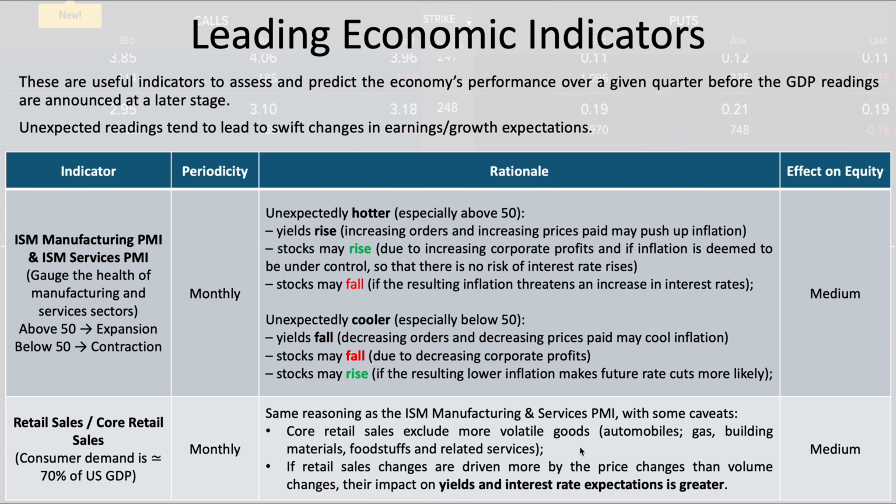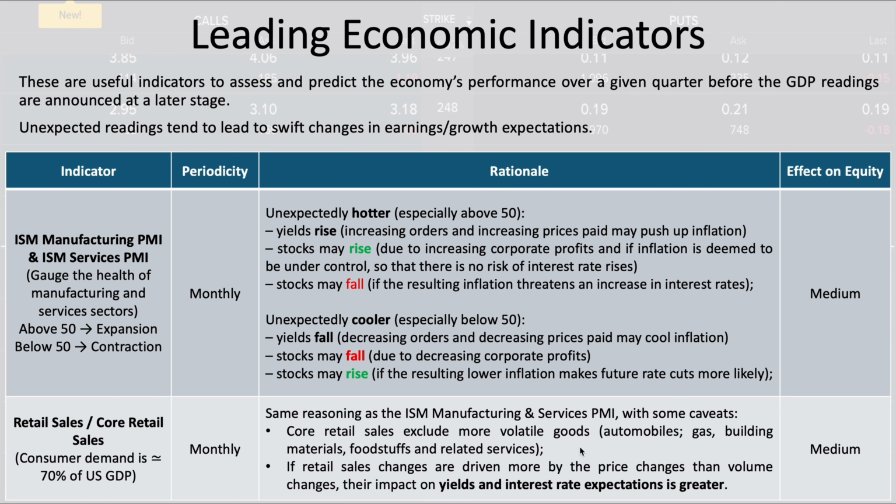is bigger than expected. Yields tend to rise, of course, because of the possible impact on prices and inflation. Stocks may rise, especially the ones in these sectors, because of the expected larger corporate profits, and of course, very important, if inflation is already deemed to be under control, so there's no risk of interest rate increases in the future.